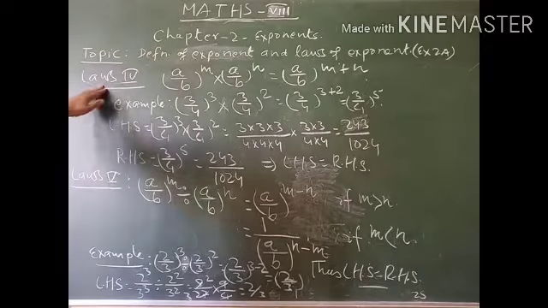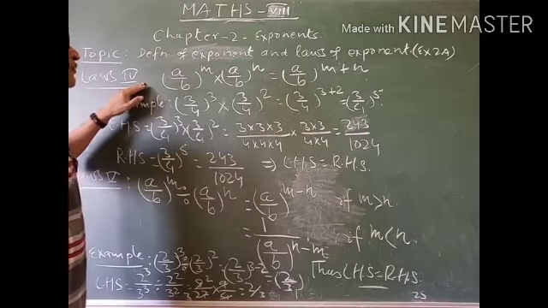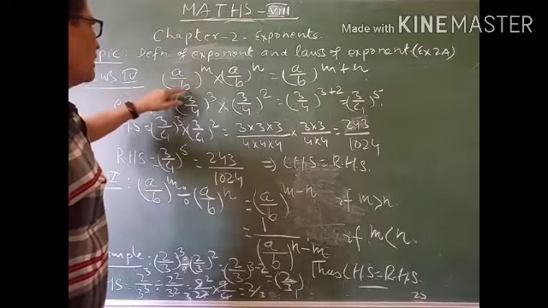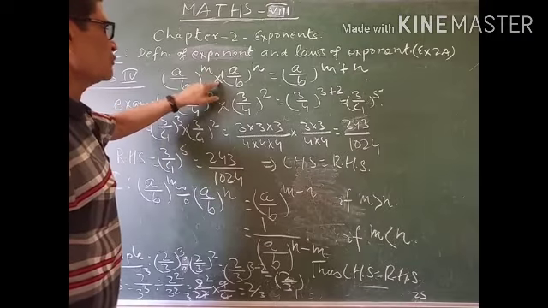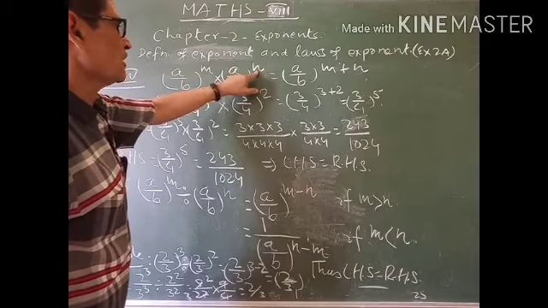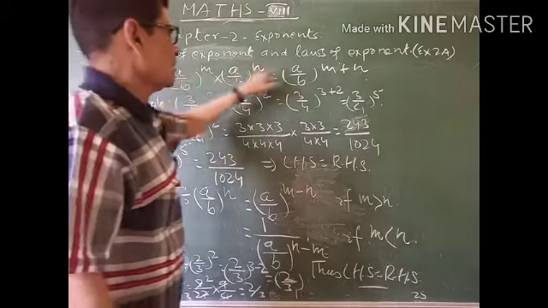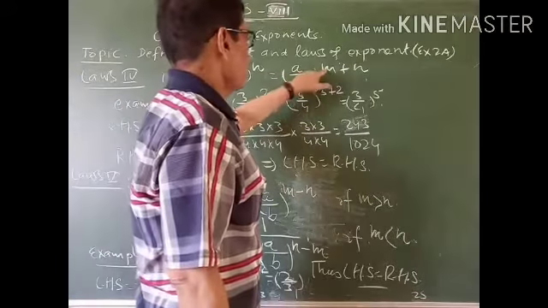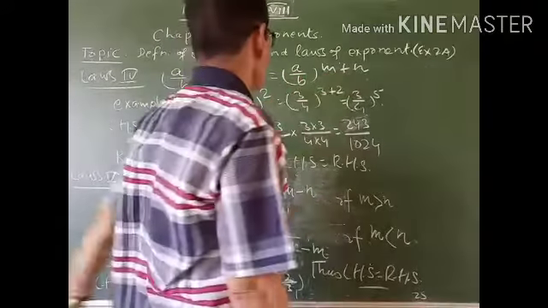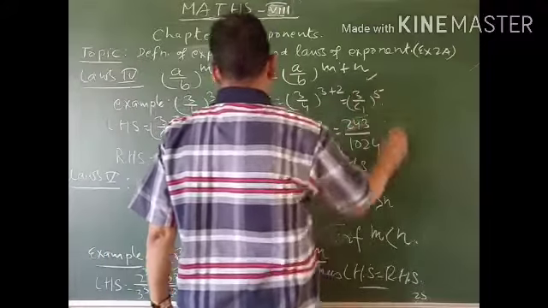Now come to the last law, law 4. (a/b) to the power m into (a/b) to the power n will become (a/b) to the power m plus n. Means there is addition of exponents.